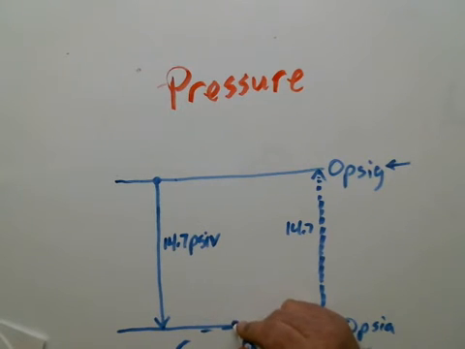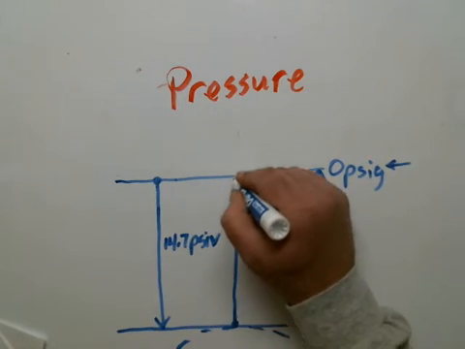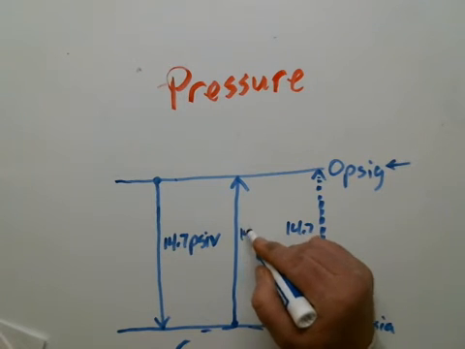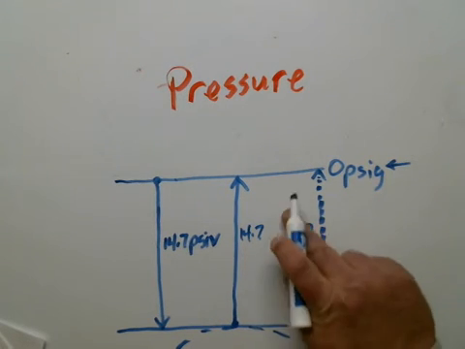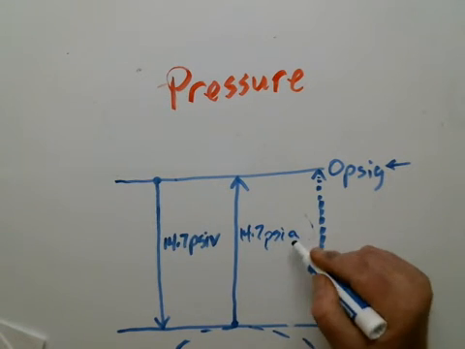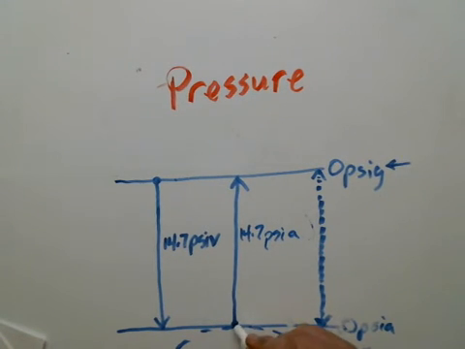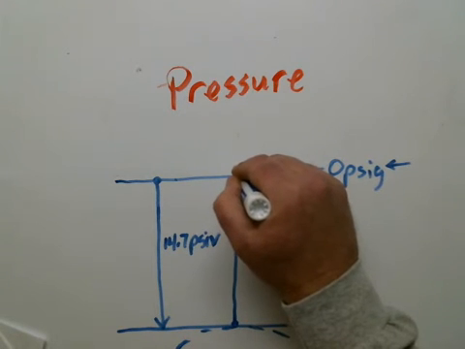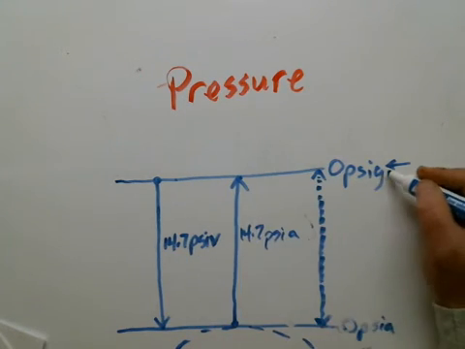That is no different than starting here at absolute 0 and going this way, that is 14.7 psi A, because the A denotes my starting point. I pressurized it to 14.7 psia, which is equivalent to 0 pounds gauge.